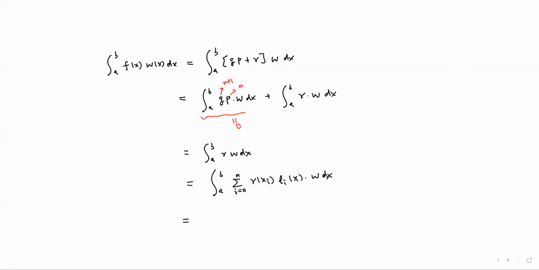Switch the integral and the sum, and move out the constant R(x_i), leaving the integral of l_i(x) w dx.